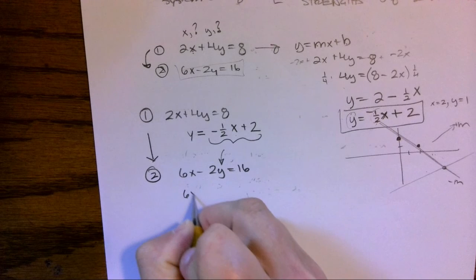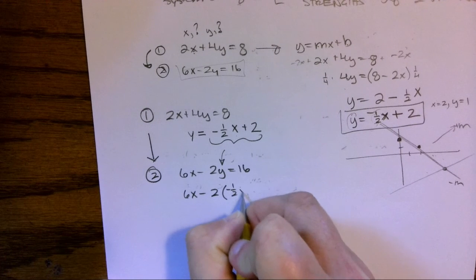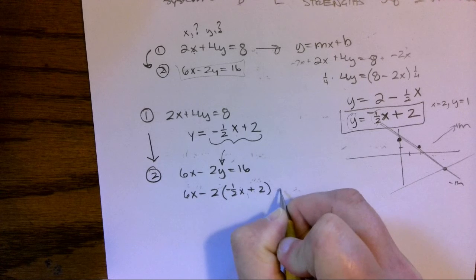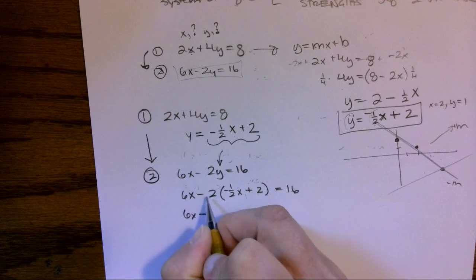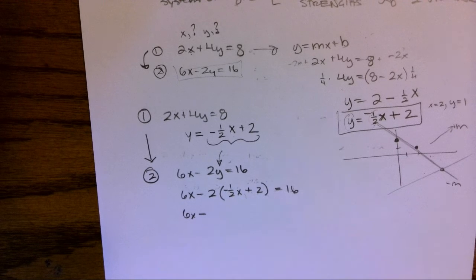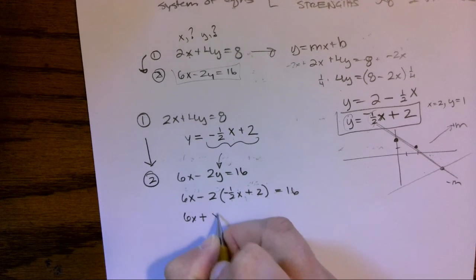6x minus 2 times negative 1/2 x plus 2 equals 16. So I'm going to have 6x minus, well, a negative times a negative is a positive. 2 over 2 is 1, so we're going to have plus x.